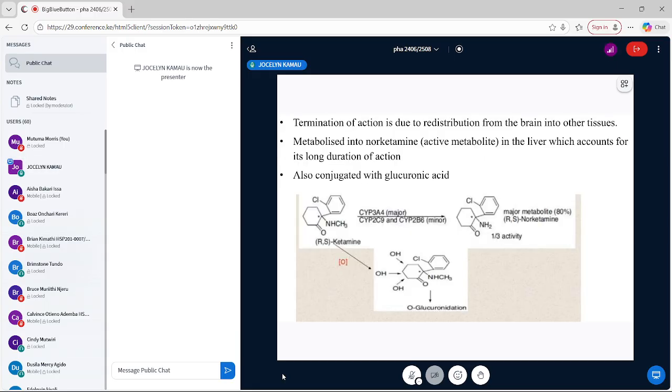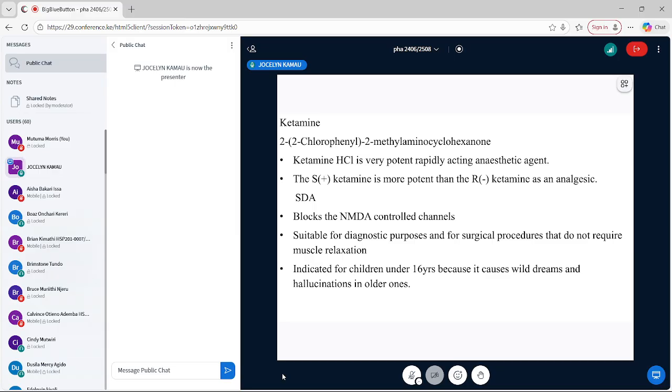It's usually given as a racemic mixture of the R and S enantiomers, but we are very specific and we are saying the S dextro enantiomer is a stronger analgesic than the R levo enantiomer. All this we can establish from the structure.